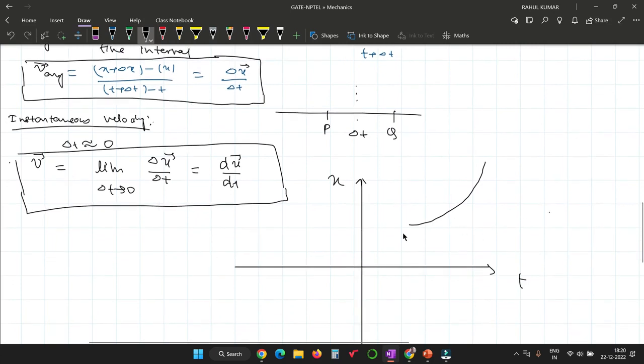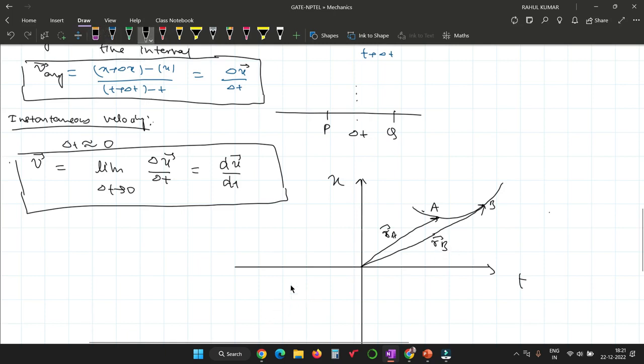Suppose the particle is at point A, and its position is r_A. After time t plus delta t, the particle is at point B, and in vector form the position is r_B.